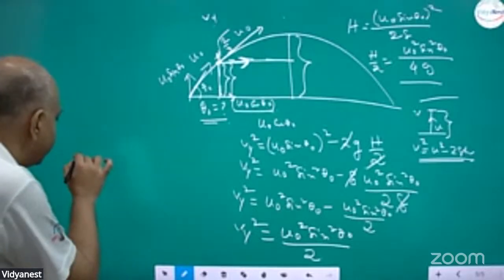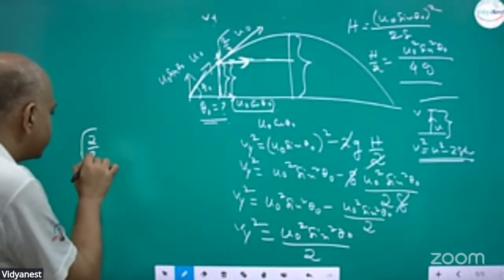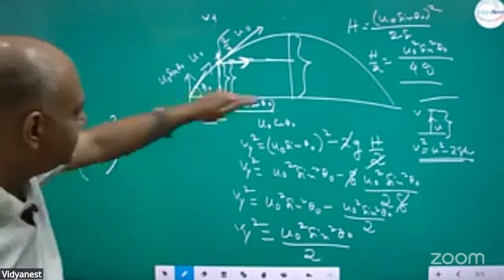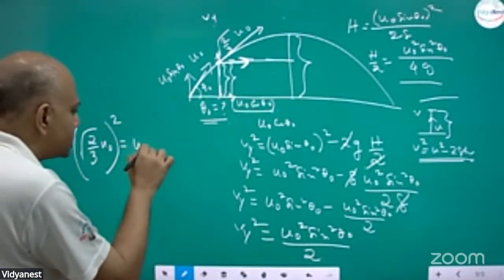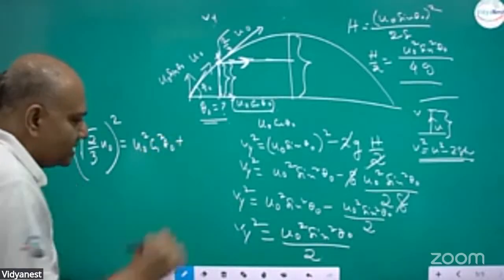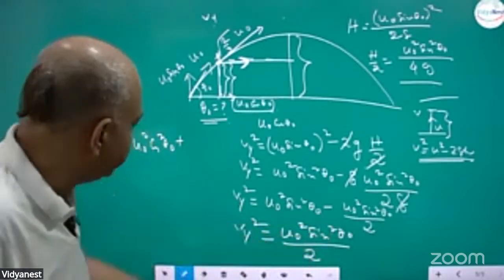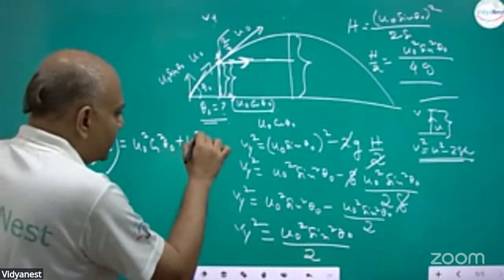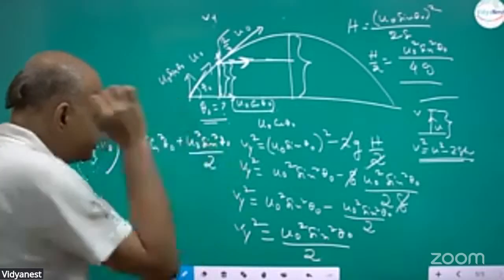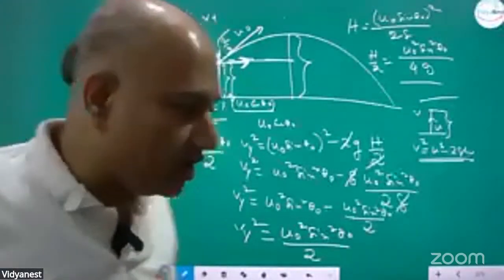So we can write: u naught square cos square theta naught plus the vertical component square, u naught square sine square theta naught divided by 2. Understanding?